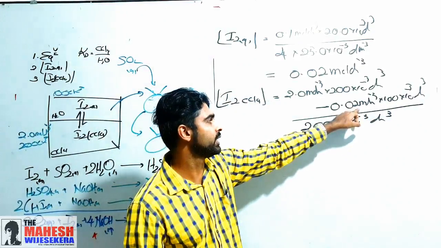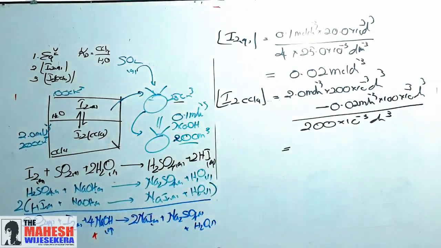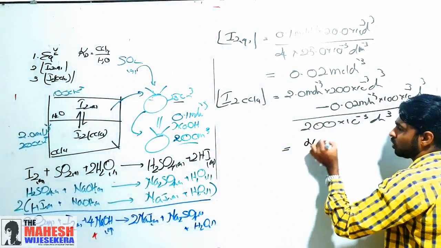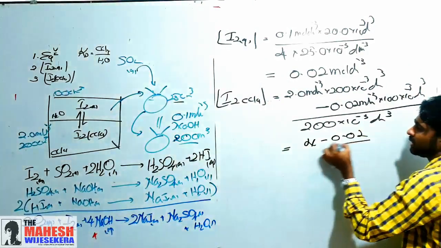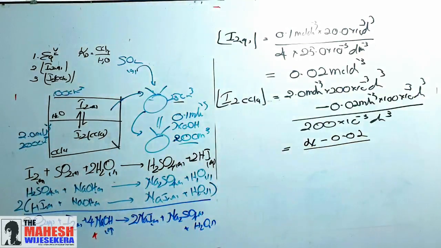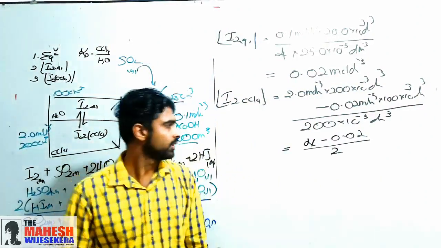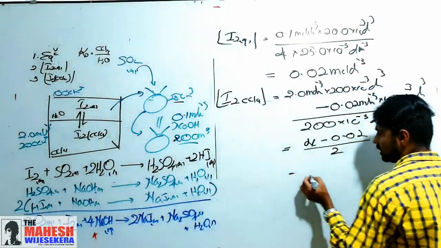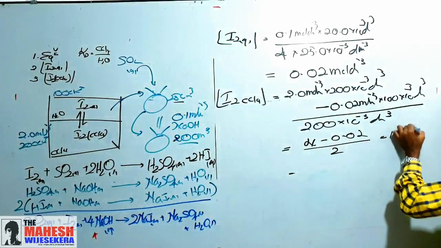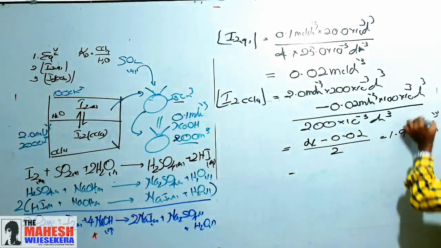So 4 minus 0.02, divided by 2, is 2 minus 0.01. That is simply 1.99 moles per cubic decimeter.